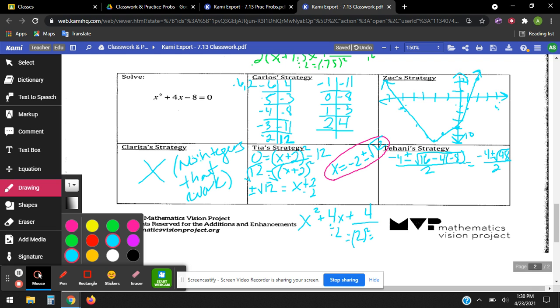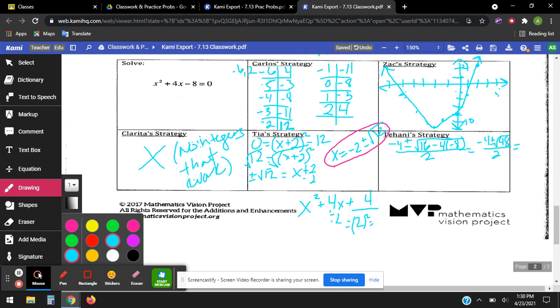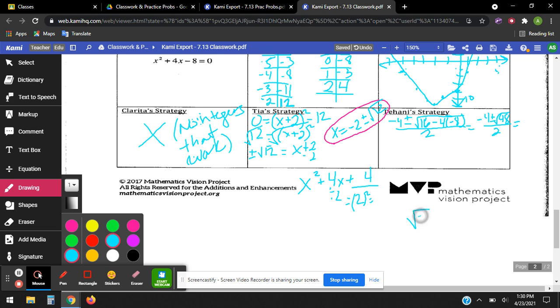So the 48, 4 goes into it. How many times? 4 to 16. 16 goes into it 3 times. So remember how we did these. I'm going to scroll down a little bit. So the square root of 48 equals the square root of 16 times the square root of 3. Well, that simplifies to 4 square root of 3.